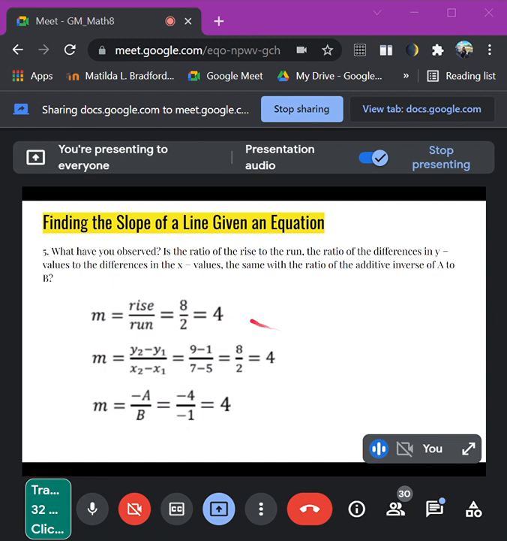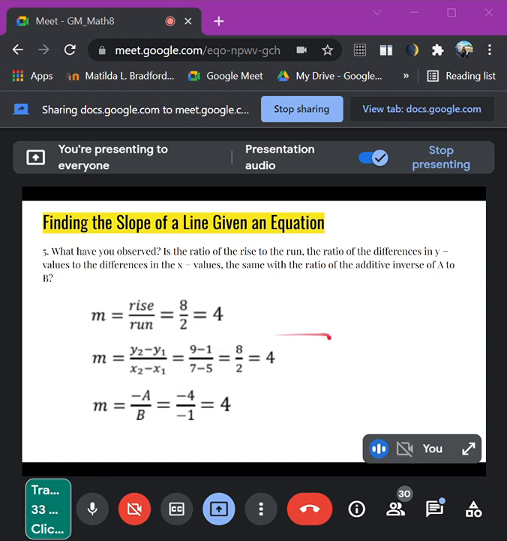So, earlier we got 4. If an equation is given, we get the same slope of 4. The equation 4x minus y equals 19 is the equation of the line from the example earlier on finding the slope of a line given 2 points.